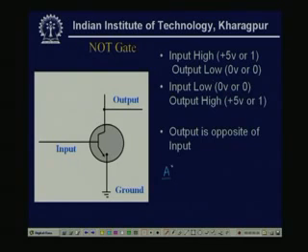Then output is 0, say my output notation is O. So, if it is 1 means 5 volt, I am getting output as 0. So, this is my input, this is my output. Now, reverse one: if A is 0, then output becomes 1, that means output is opposite. We are telling this as the NOT gate.